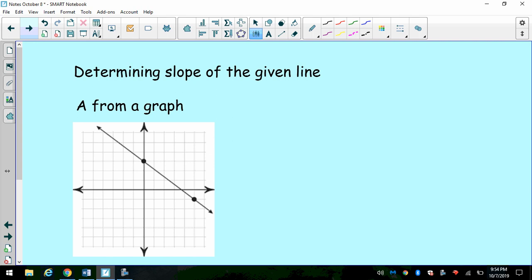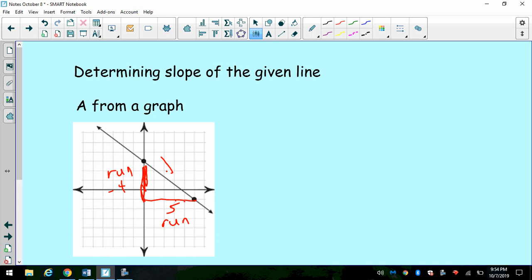Now, if we have a graph of a line, we can calculate the slope. Slope is rise over run. Here would be the rise, and this would be the run. The run is 1, 2, 3, 4, 5. So the run is 5, and the rise was 1, 2, 3, 4 down. The rise is -4 because we went down.